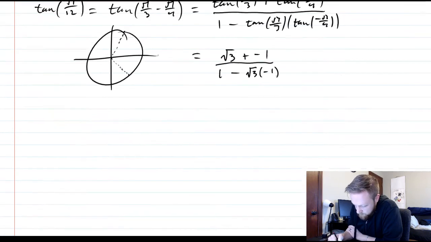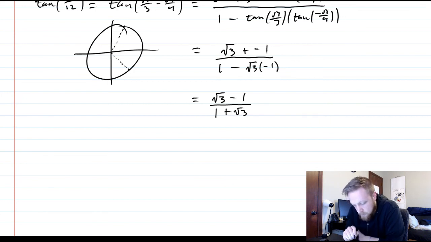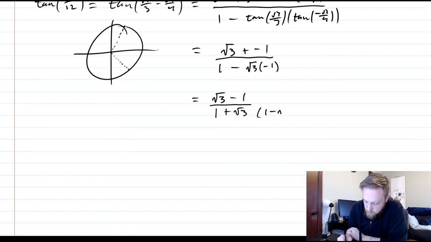This is not the hard part. We have to now simplify. So we could rewrite as root 3 minus 1 all over 1 plus root 3. Nothing cancels here because you can't split up binomials. One way to do this is to multiply by the conjugate of the denominator.